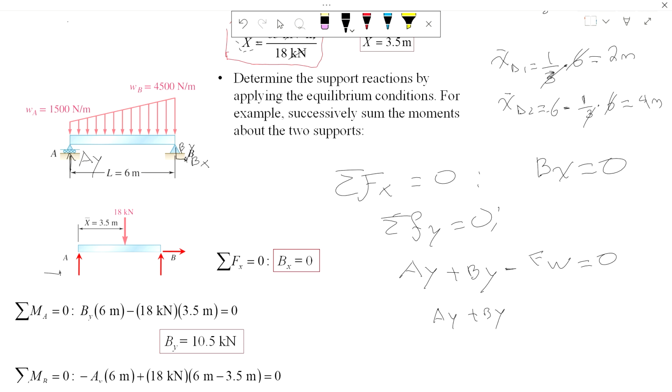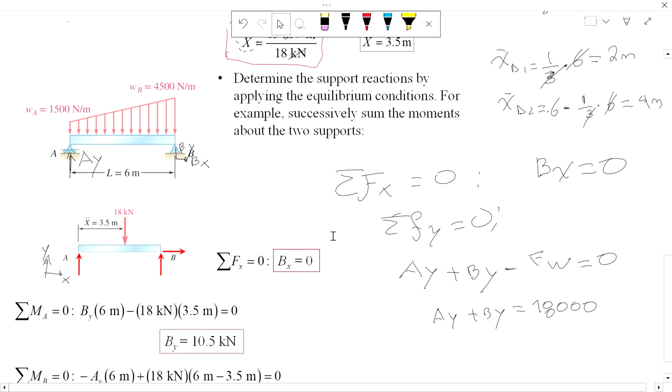Remember, the coordinate system is x positive to the right, y positive vertically up, so this is negative, but on the other side of the equal sign, we get a positive, equal to 18,000.